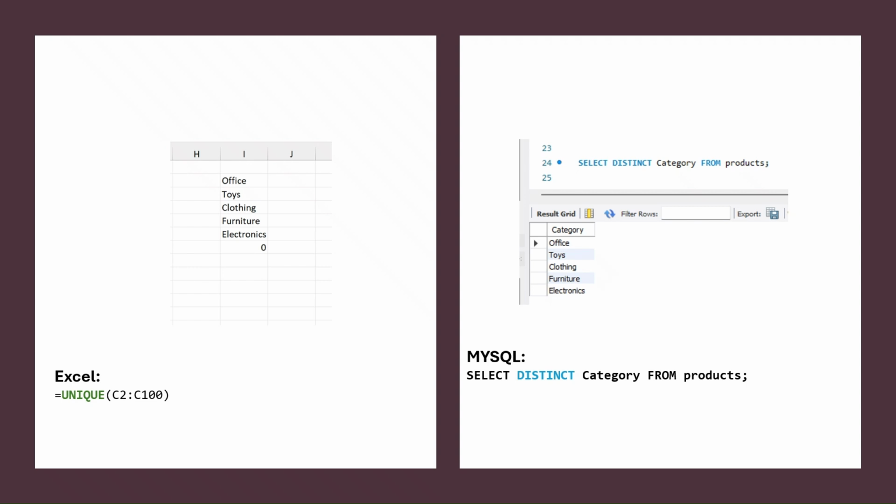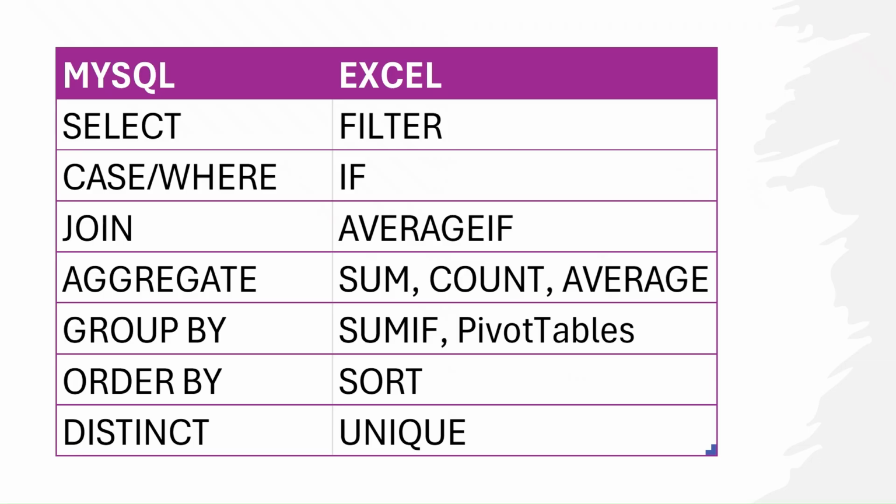SQL distinct and Excel unique both do the same thing, and they strip out duplicates. So that is that.